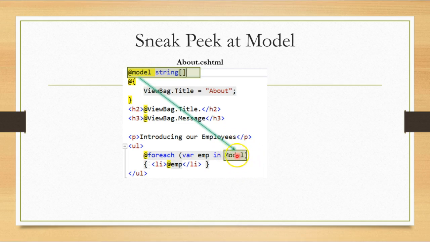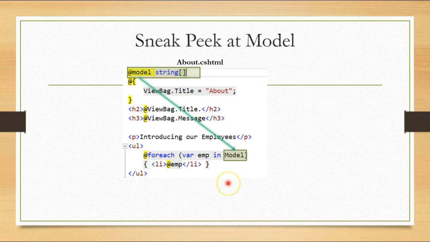This model here is determined by the data type up here. Notice up here, this is lowercase model. That's important. Down here, notice there's no @ sign here. It is uppercase Model. And it doesn't need the @ sign here because it has the @ sign there. That's just 2 ways to do the same thing.